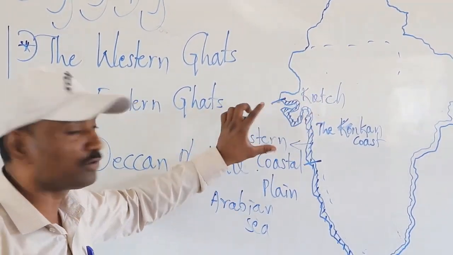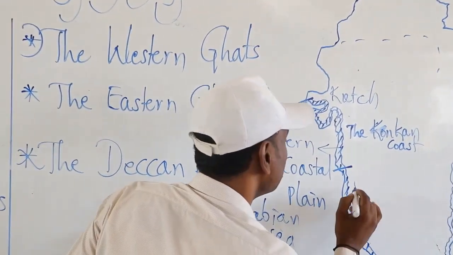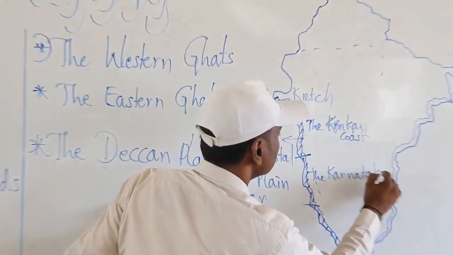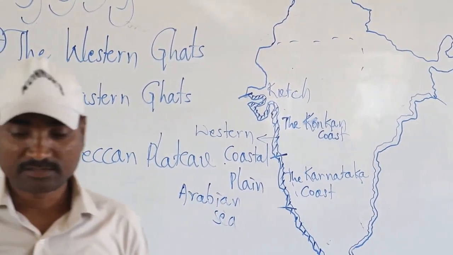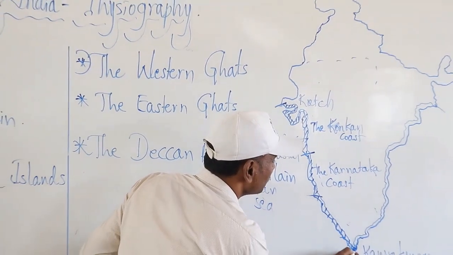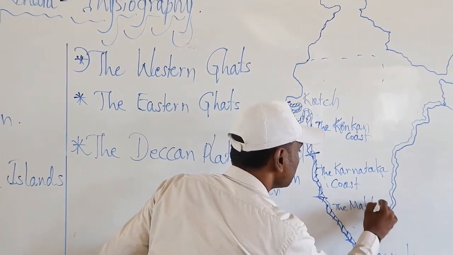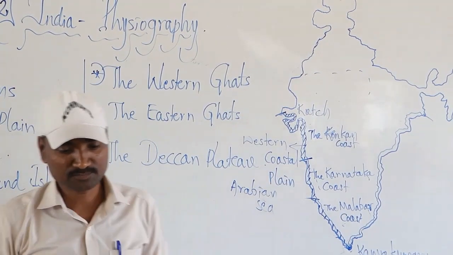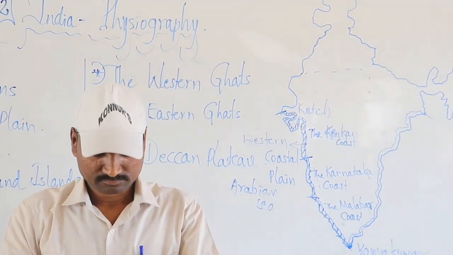From Goa to Mangaluru is known as the Karnataka coast. And the third one is the Malabar coast, which extends from Mangalore to Kanyakumari. This is what we studied about the three coastal divisions of India.